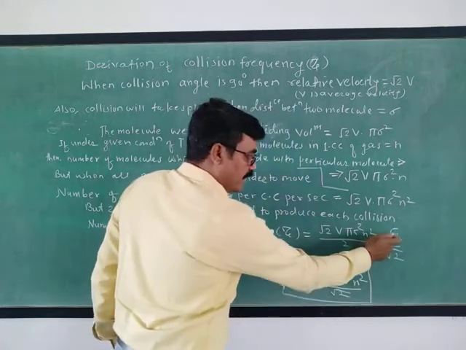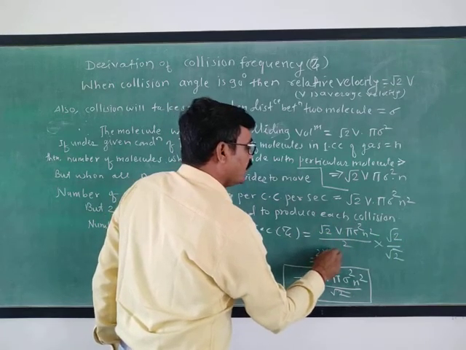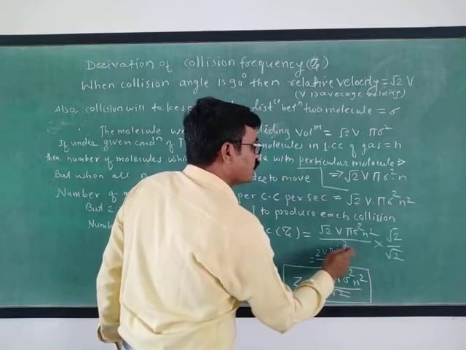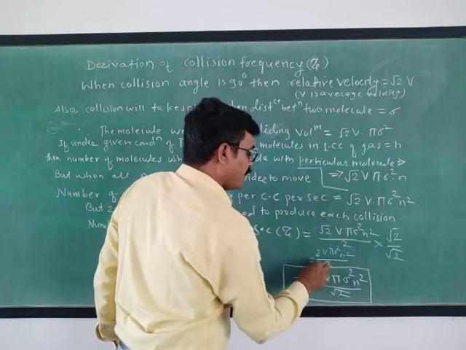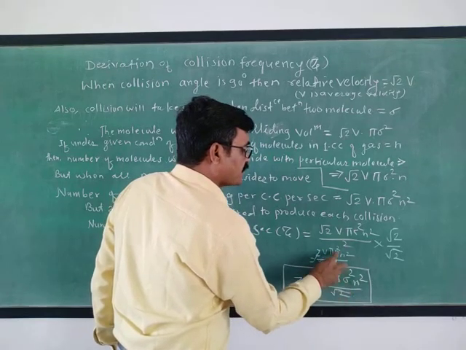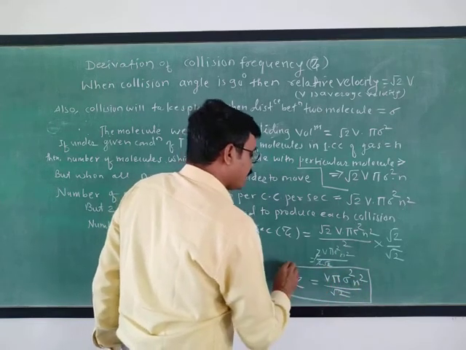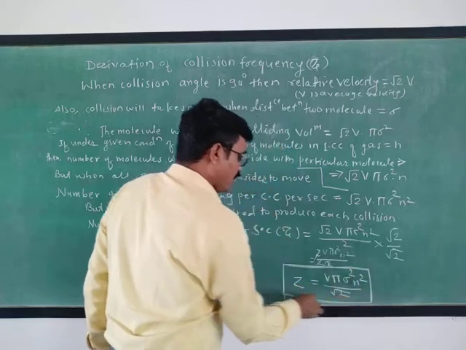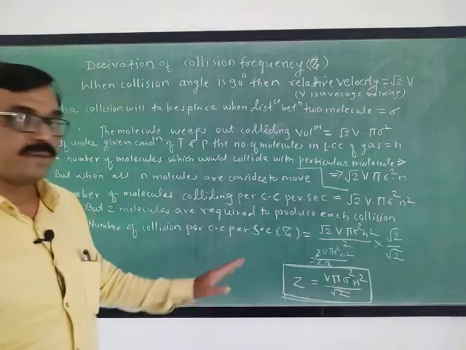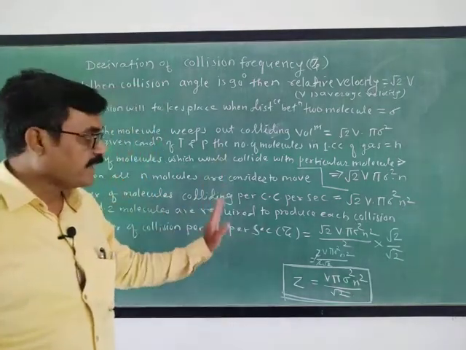Simple mathematics: √2 multiplied by √2 is 2, so it becomes 2 v π σ² n² upon 2√2. Again 2 gets cancelled, the remaining term will be v π σ² n² upon √2, and this is nothing but the collision frequency or collision number. In this way, the collision number Z is calculated mathematically by derivation.